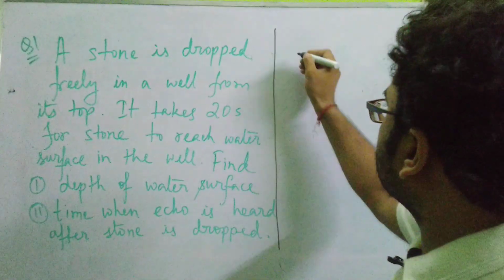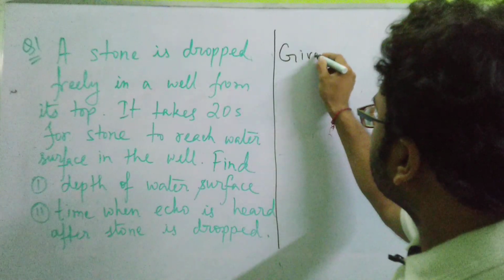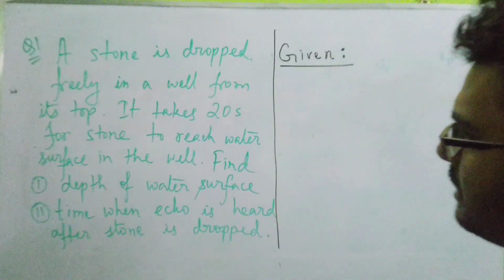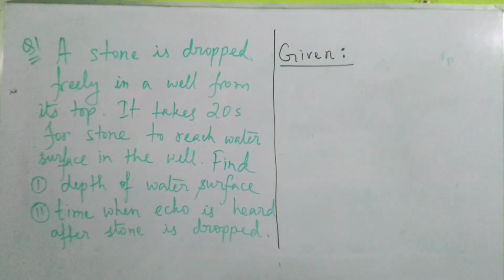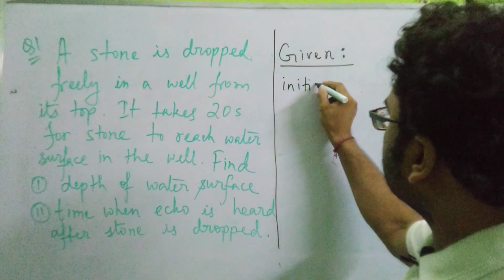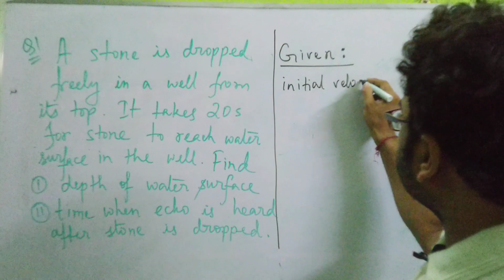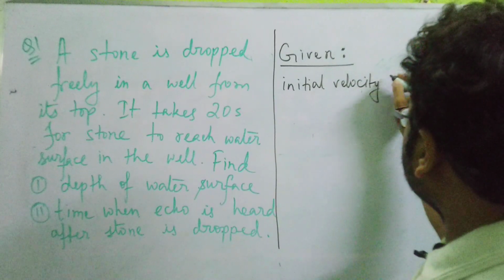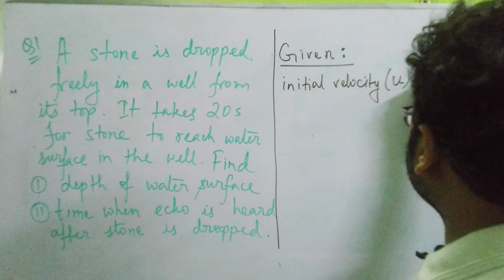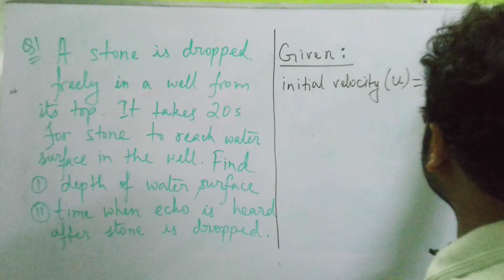What are the given things here? Given is that a stone is dropped. When it is said dropped, the initial velocity of the stone is 0. So you can write initial velocity, represented by the letter u, is equal to 0 meter per second.